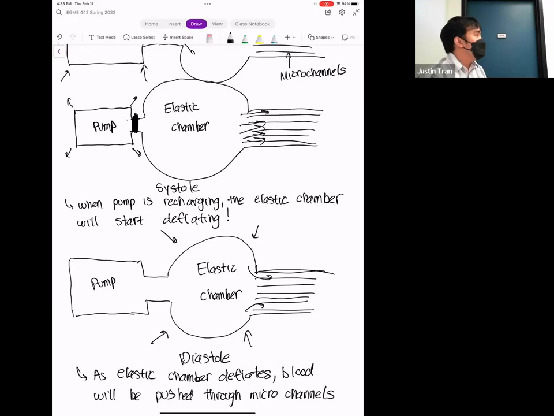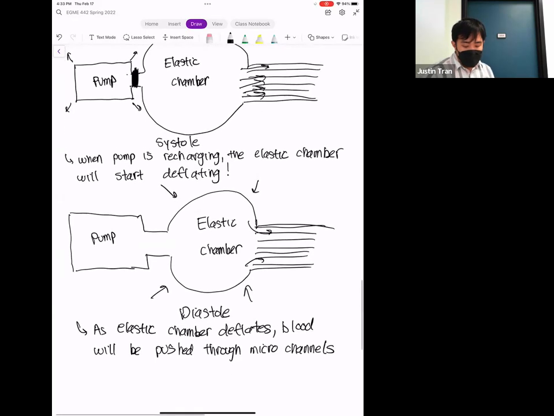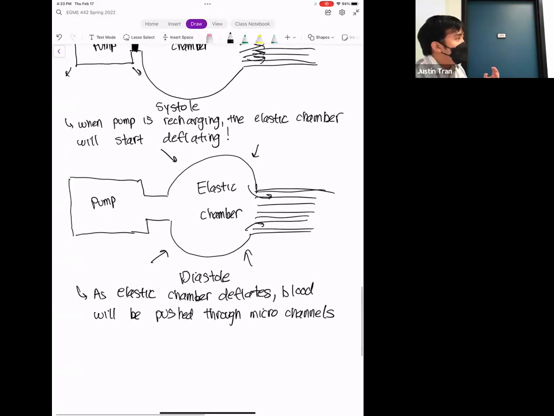And during diastole, when the elastic chamber is deflating, because there's a valve making sure that the blood can't come back to the heart, all that deflated blood is going to go through the microchannels. So in both phases, you get a constant feed of blood through your capillaries to feed your muscles and your organs.